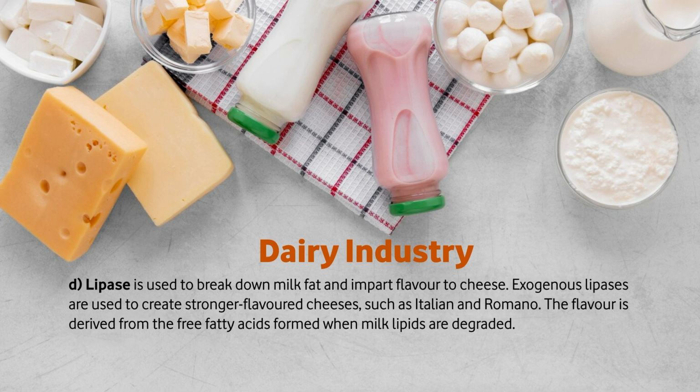Another enzyme used in the dairy industry is lipase, which is used to break down milk fat and impart flavor to the cheese. Exogenous lipases are used to create stronger flavored cheese such as Italian Romano. The flavor is derived from the free fatty acids formed when milk lipids are degraded. So these are some of the important enzymes used in the dairy industry.